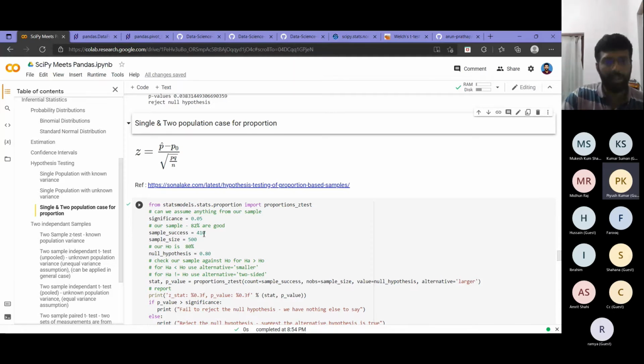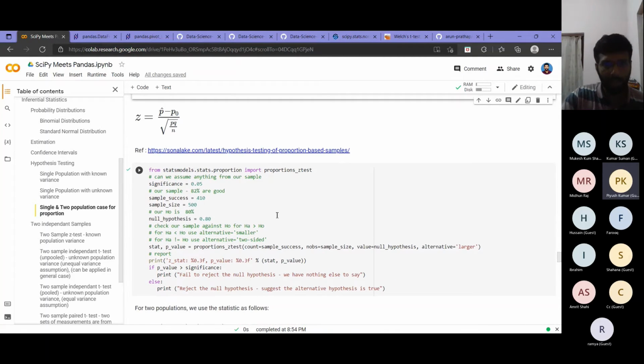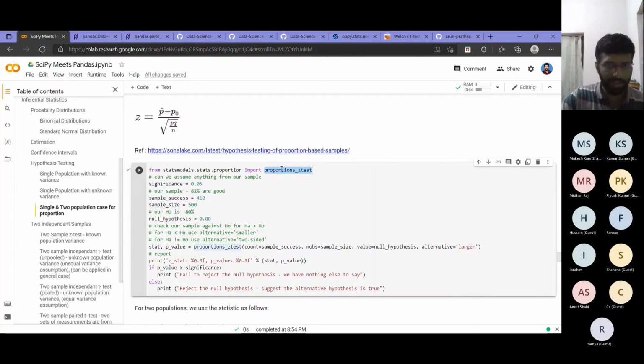Okay, if you are finding it difficult, then you can use this proportions_ztest. That takes as arguments the count, the number of samples having success, then the total sample size, and the value of the null hypothesis. So here you can relate to the previous example. Here 5% significance. Our sample has 82% good, so out of 500 samples, 410 samples are good. And the null hypothesis is that for the population, 80% samples are good.